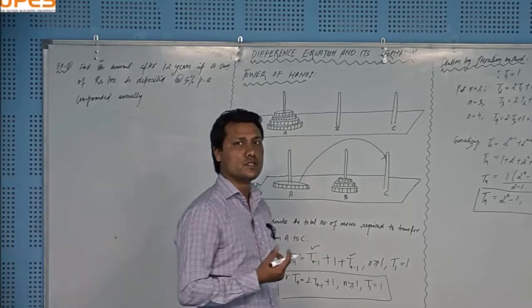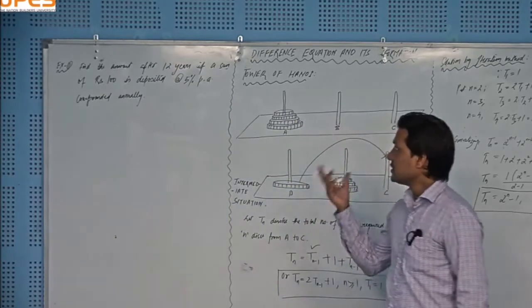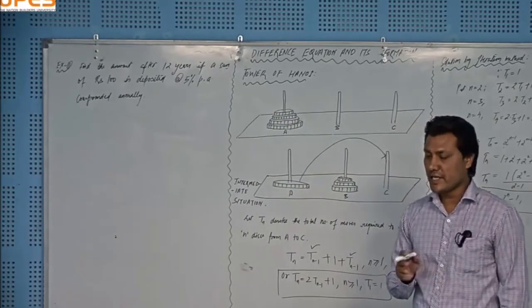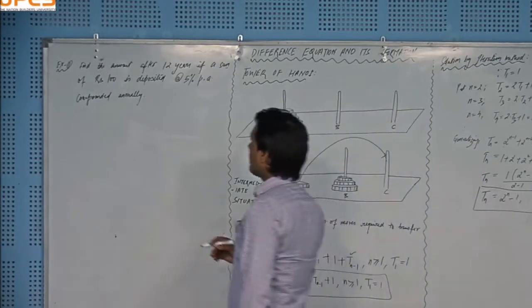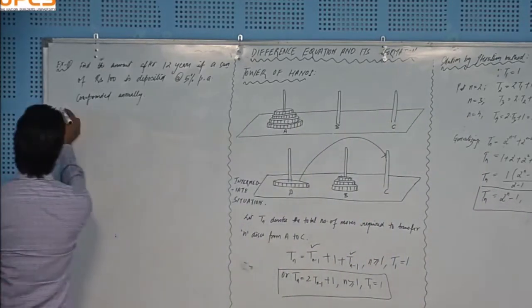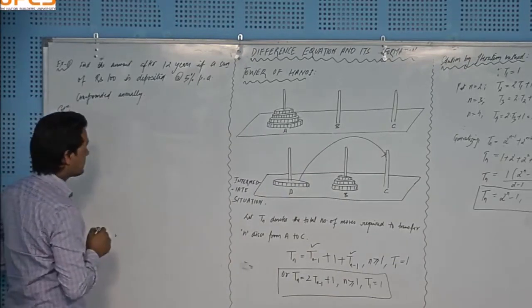equation, not a differential equation, right? They consider their domain as n equal to 1, 2, 3 and so on, right? So what I will do, I will try to form a difference equation using this situation, right?